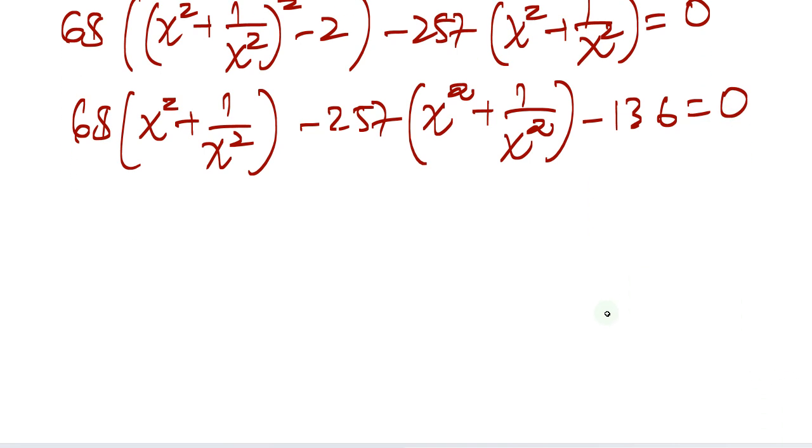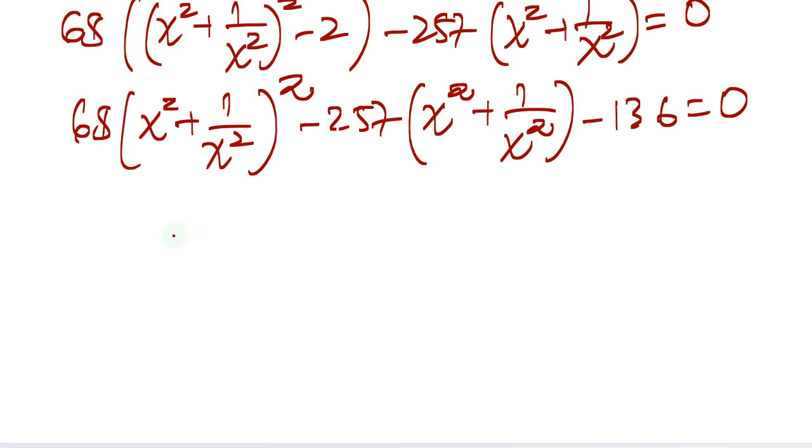Okay, so this first one is to the power of 2, and now we're going to solve this quadratic equation in terms of x to the 2 plus 1 over x to the 2. This is what we got, and this is a quadratic equation, guys.